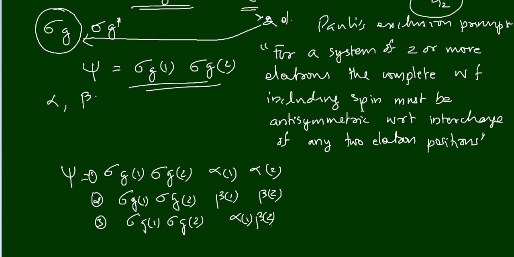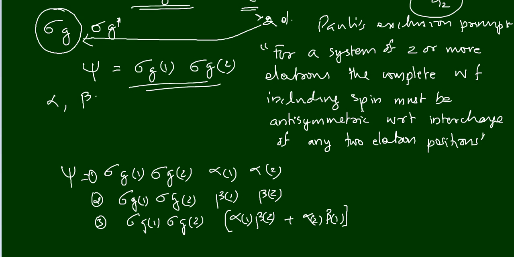So we have to write it as a linear combination. We take both possibilities and then combine them, meaning alpha 1 beta 2 plus alpha 2 beta 1, and these are combined.